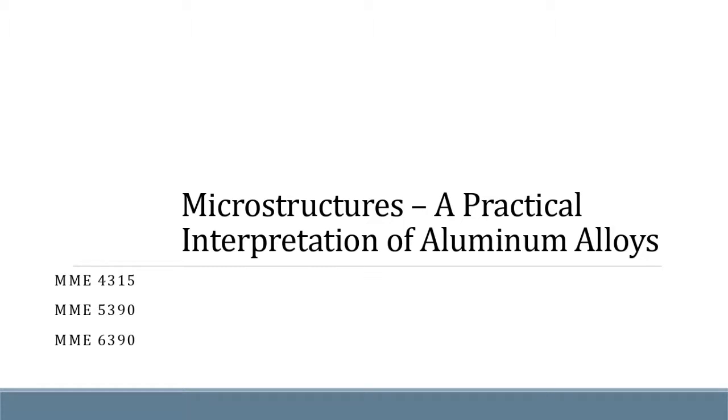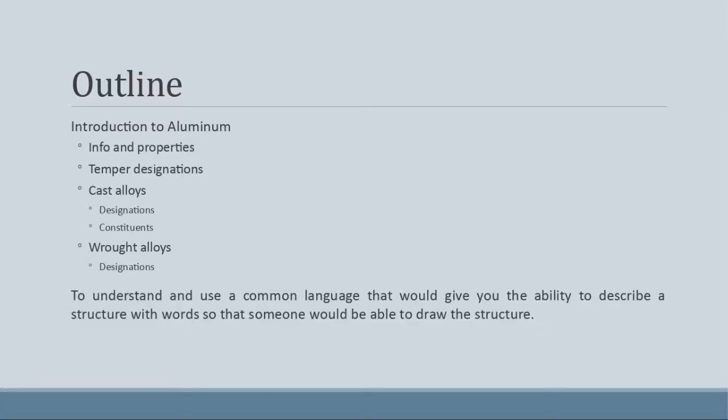But to start off this week, we're going to be talking about some practical interpretation of aluminum alloys, differences between cast, wrought, and different etching techniques, and some of the micro constituents that you would run across. So kind of an outline, just an intro to aluminum, because it is important and it is used in our daily lives. So some info and properties, go over some temper designations.